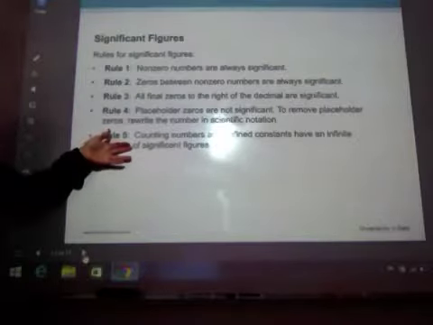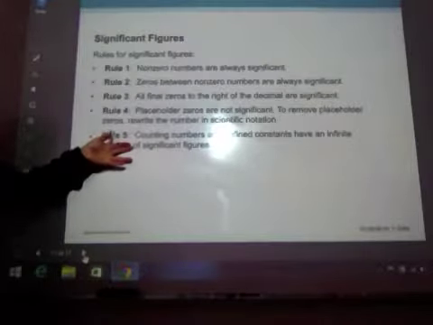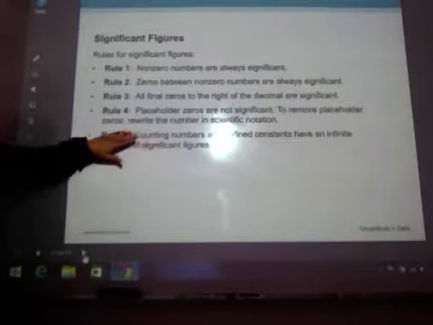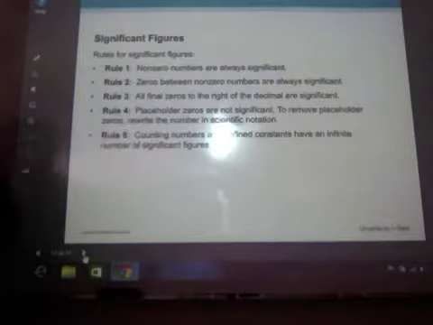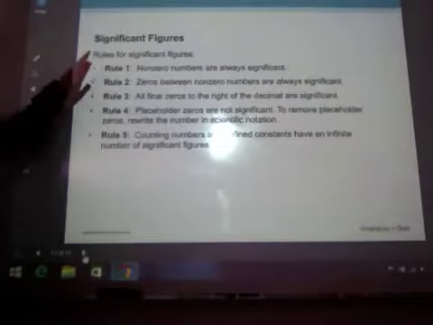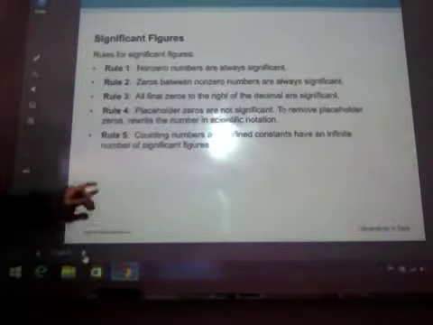If I'm counting something, it has to be a whole number. You're going to give me that number no matter what. So Rule 5 is kind of an add-on where if you're counting whole objects, you're going to use that number no matter what.